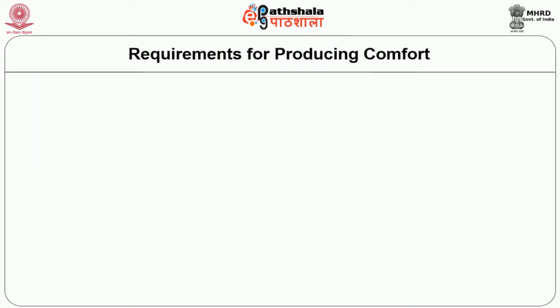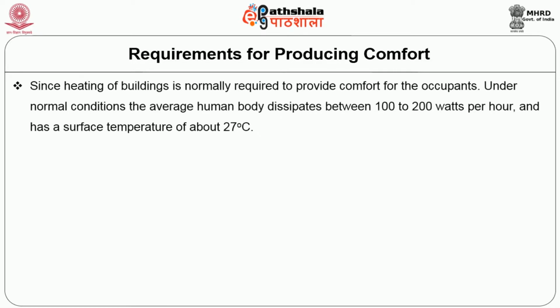Requirements for producing comfort: heating of buildings is normally required to provide comfort for the occupants. Under normal conditions, the average human body dissipates between 100 to 200 watts per hour and has a surface temperature of about 27 degrees centigrade.